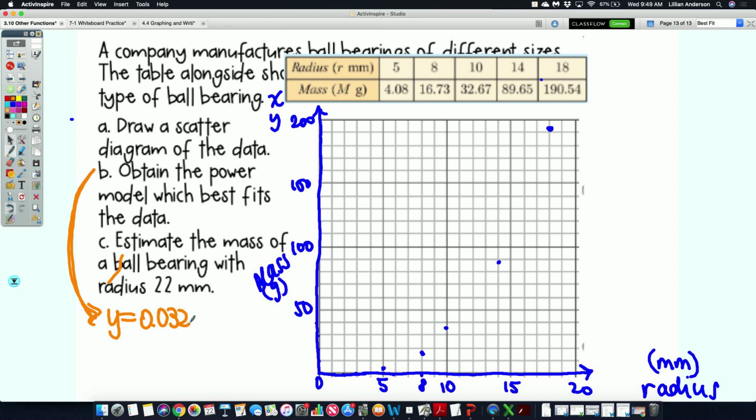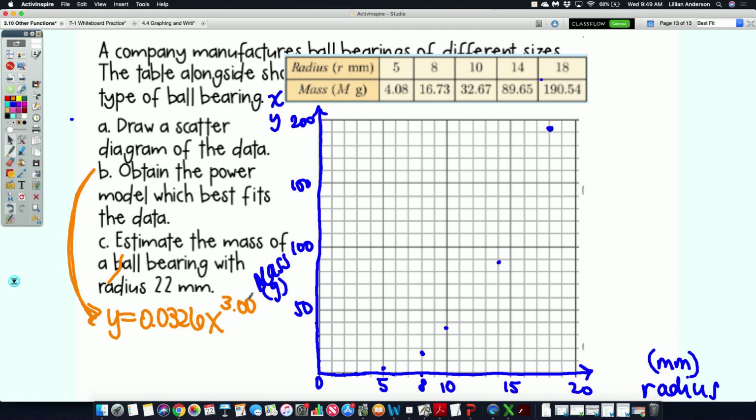Rounded to 3 significant figures, it would be 0.0326 x to the b power. What was b? To 3 significant figures, that would be 3.00. And that would be your power function.